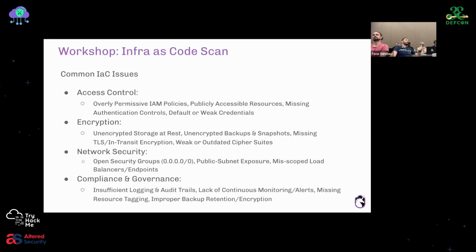Also, when I started in my company, I opened all the development environments to the internet by mistake. So I learned this the hard way. And compliance and governance: if you are missing logging or alerting, that's what this scan covers.